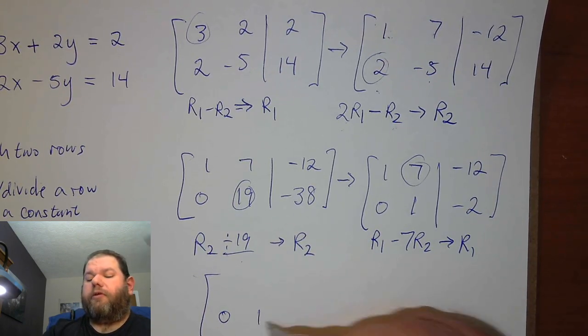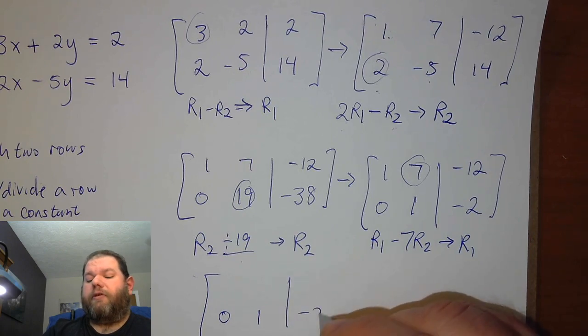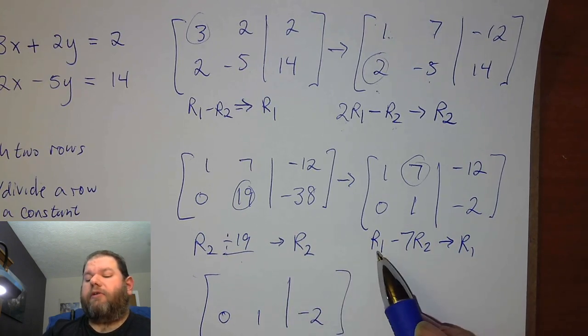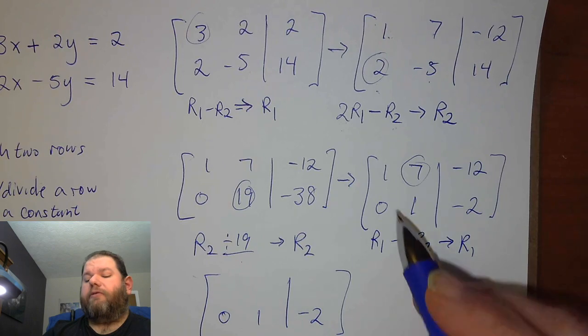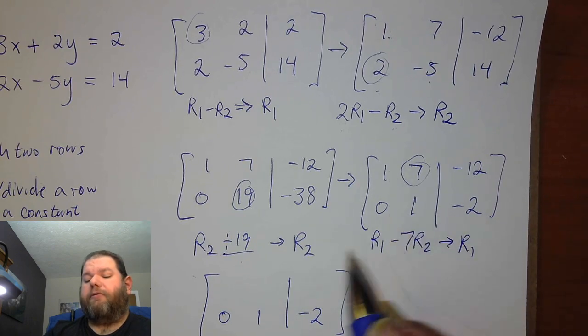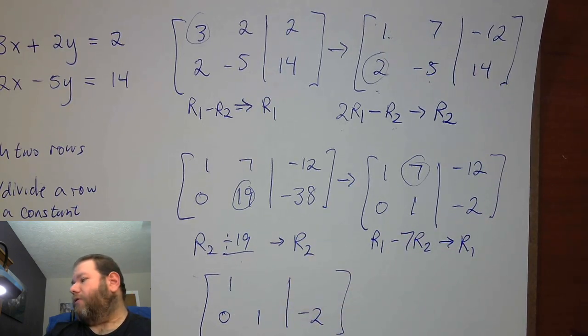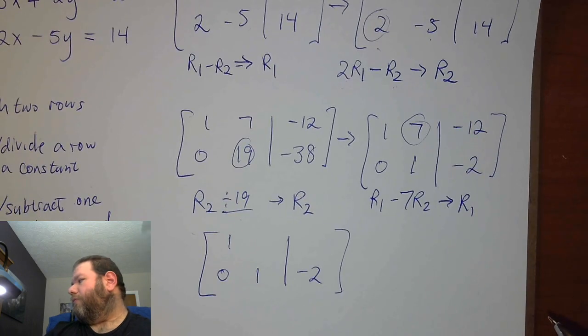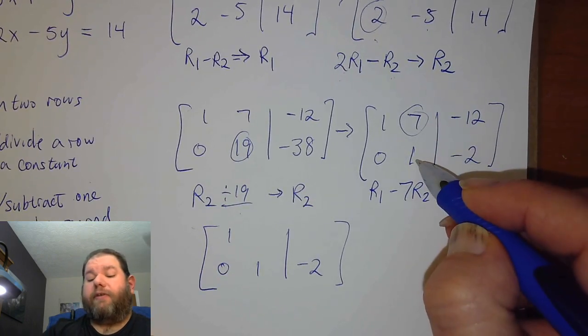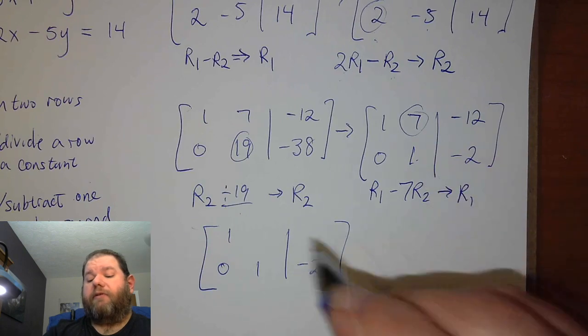So row 2, unchanged. We leave it as it is. So we take row 1 minus 7 times row 2. So 1 minus 7 times 0, still 1. 7 minus 7 times 1, 7 minus 7, 0.